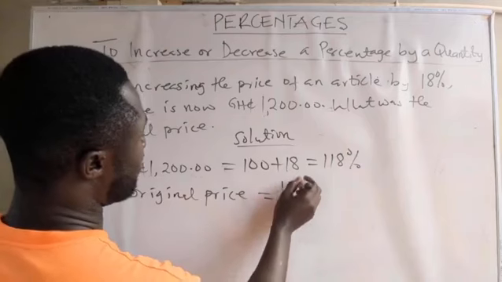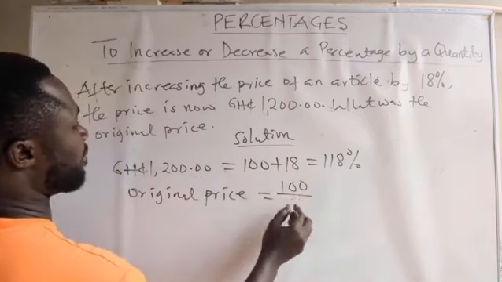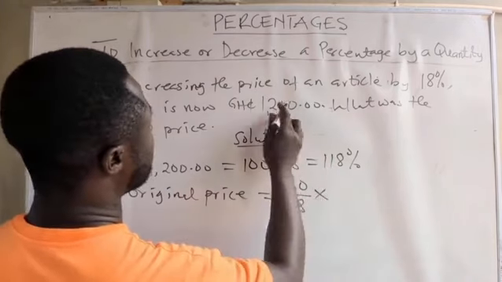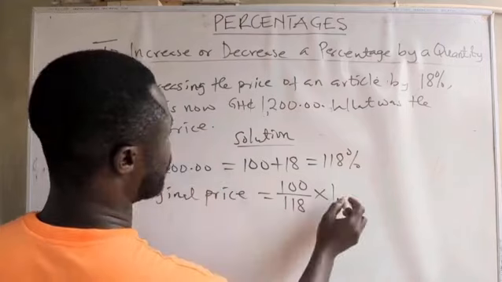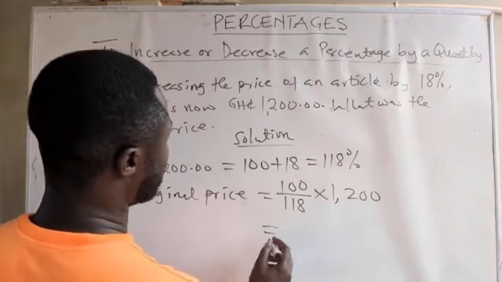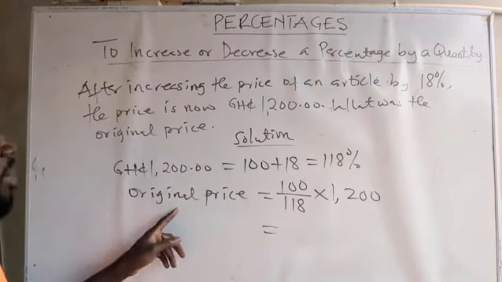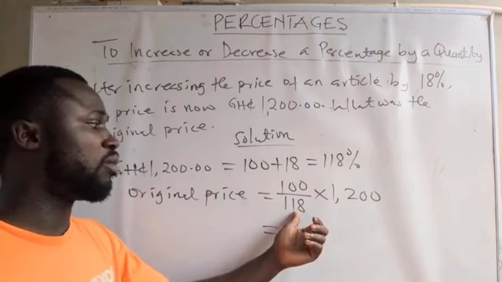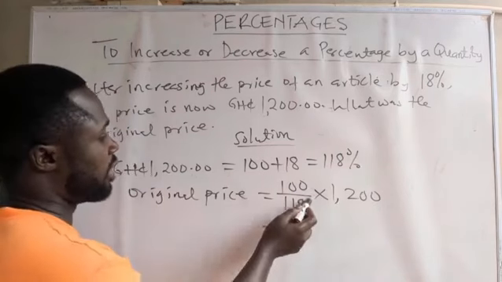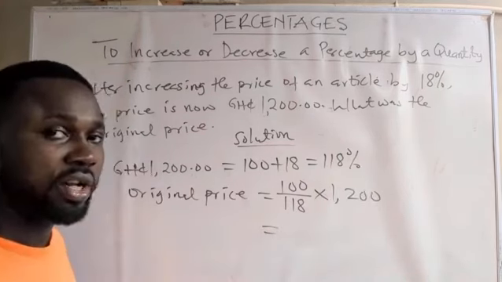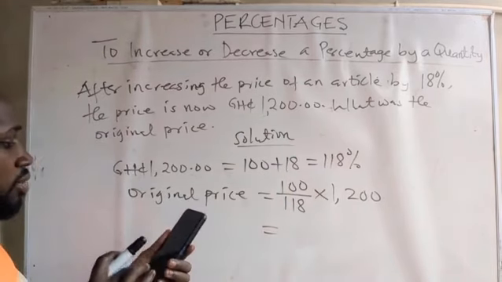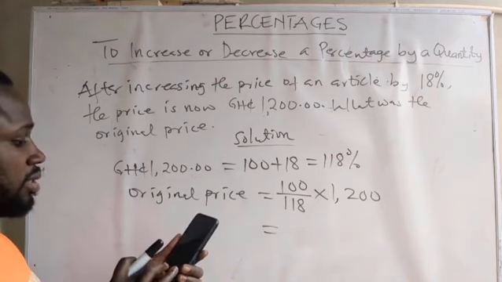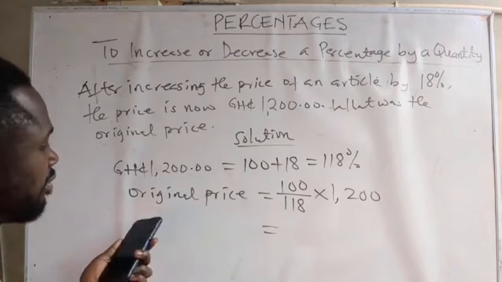So that will be 100% divided by 118% times 1,200. So the value here always corresponds to whatever we have here.